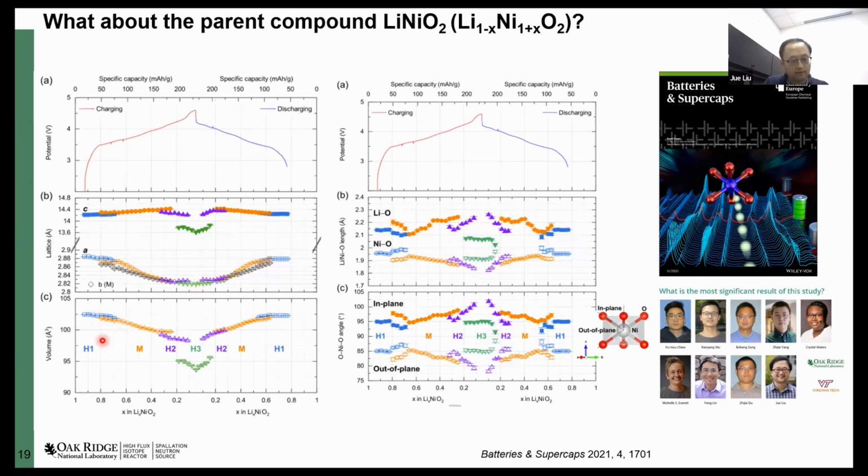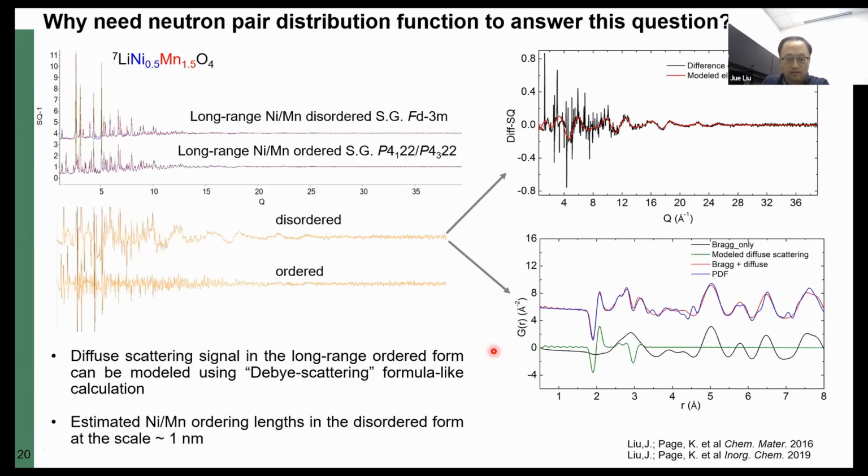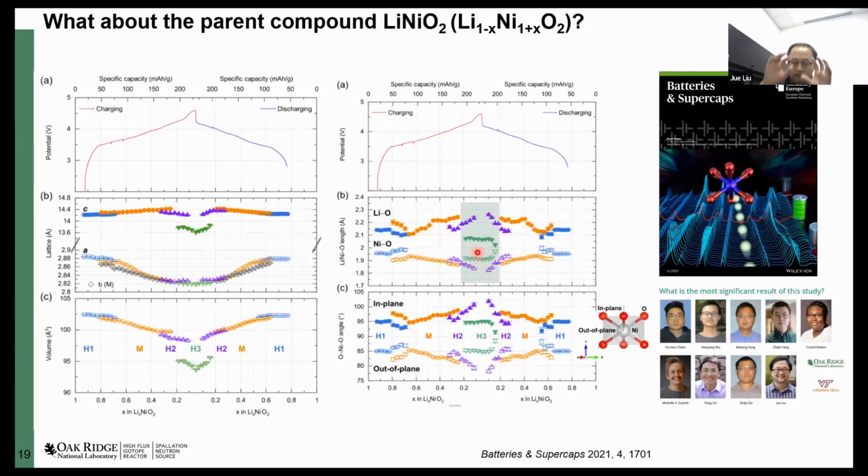It will have multiple phase transitions, but regardless of the phase transitions, when you look at the bond length changes, as you can see here, it has this kind of enormous increase of the bond, similar to what we observed for the cation-substituted nickel-rich cathode.